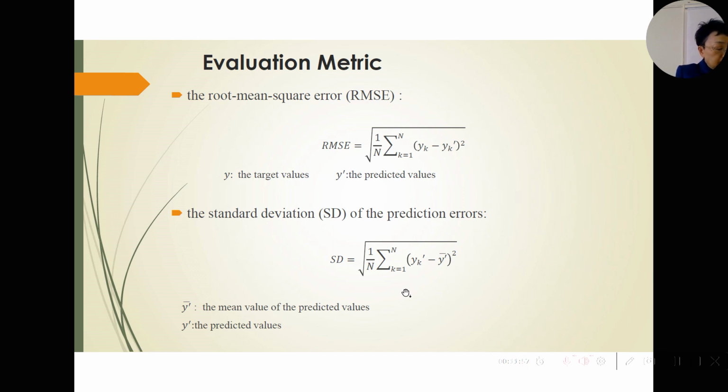The evaluation metric used in the validation experiments on the real data set is the root mean square error. In addition, the standard deviation of the prediction error is also used.